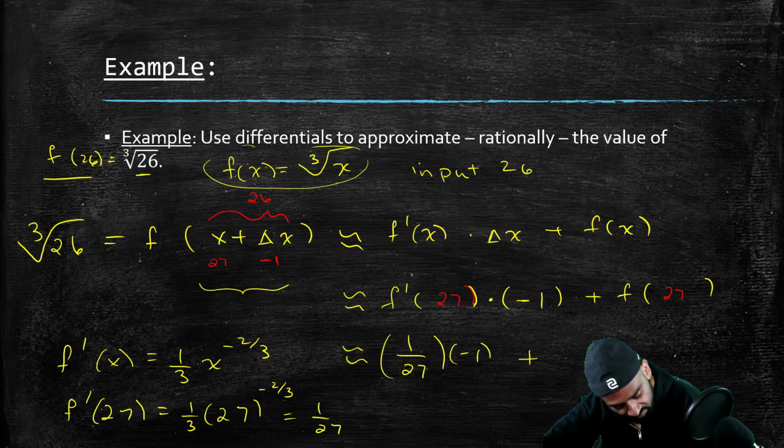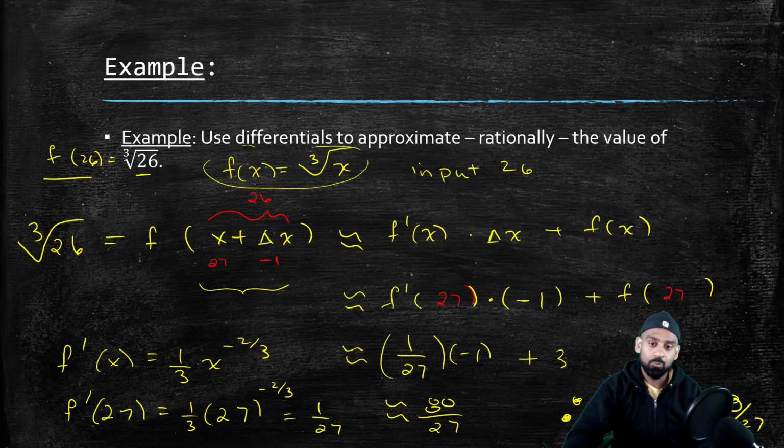Plus f of 27, which is just 3. And when you run this all through, I get 80 over 27. So therefore, and this is the big deal, you could look forward to having a problem like this in the future: the cube root of 26 is approximately 80 over 27. We needed an answer as a rational. Very, very simple. Let's take a look and let's do it again.